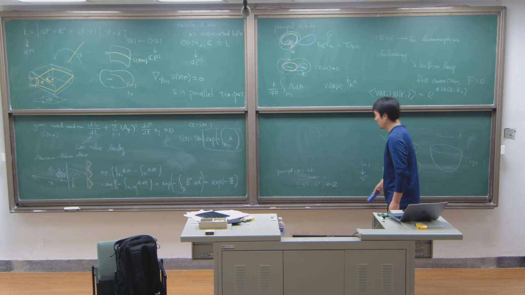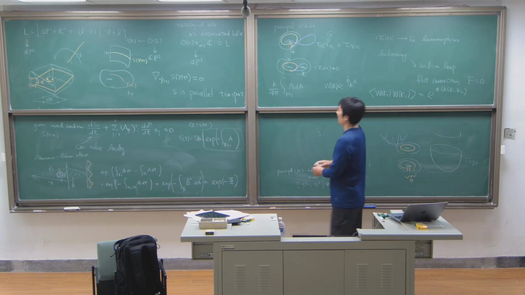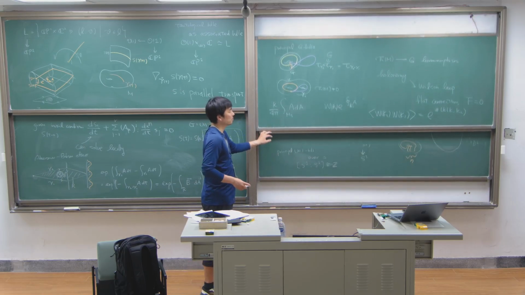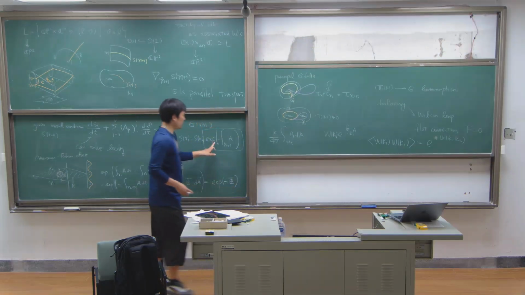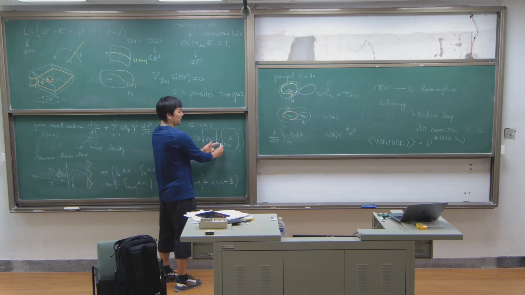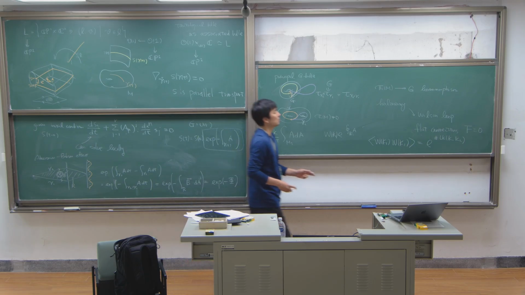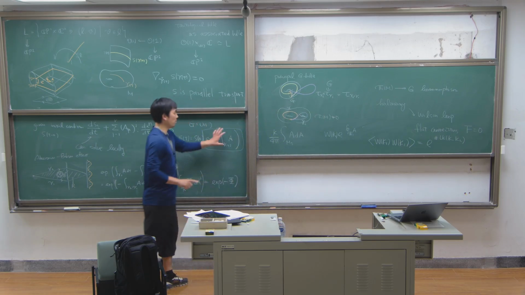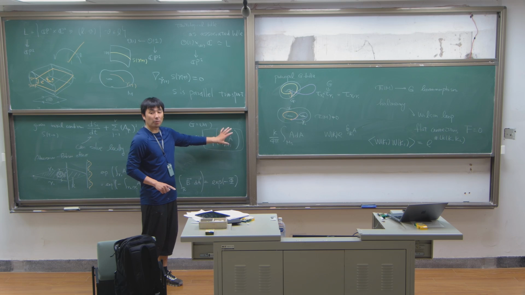And so in the non-abelian case, the order really matters. Here, when you integrate out, this is a U(1) bundle, so everything is commutative.